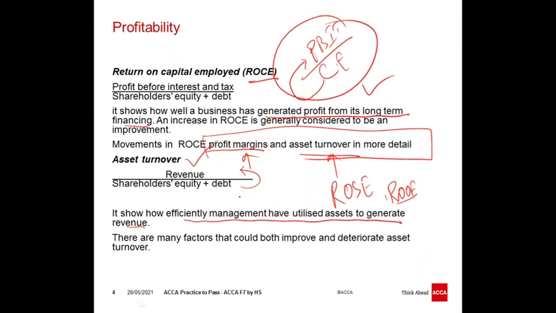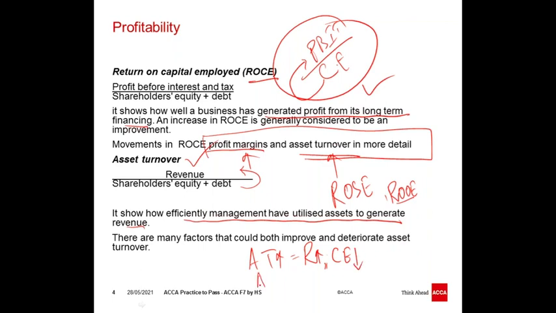Now, what are the factors that affect the asset turnover? If there is an increase in asset turnover, the reason might be an increase in revenue, or a decrease in the capital employed, or vice versa.